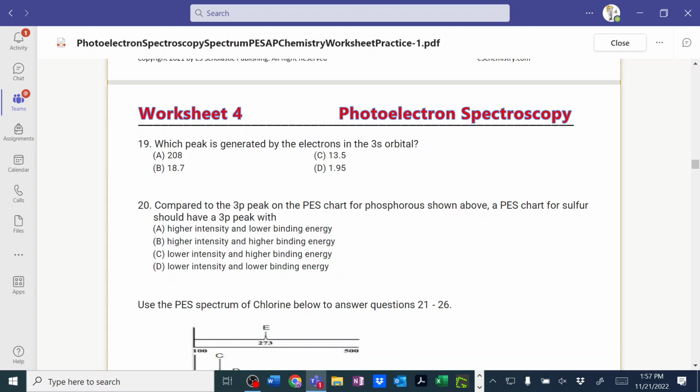So we've got phosphorus, which is 3p3, right? And so sulfur would have a 3p peak. It needs a higher intensity, yes, because it's got more electrons on it.